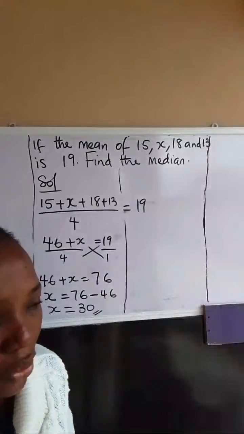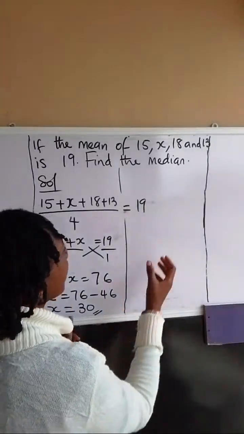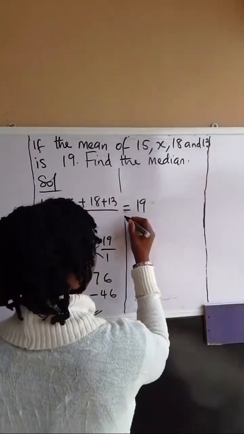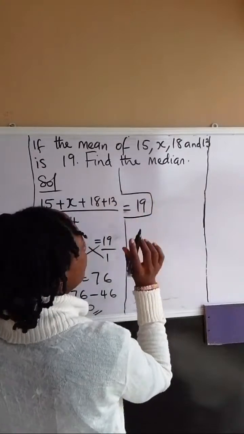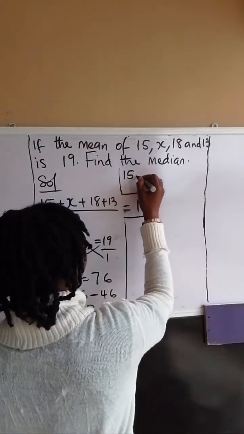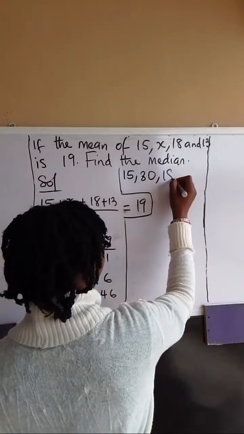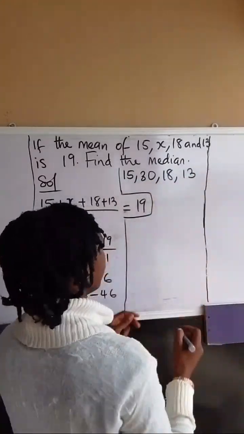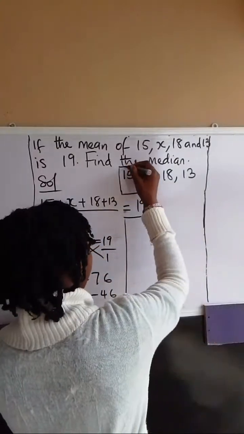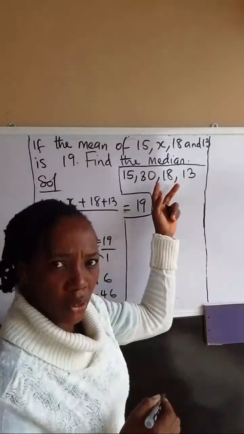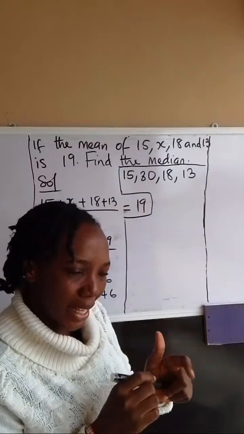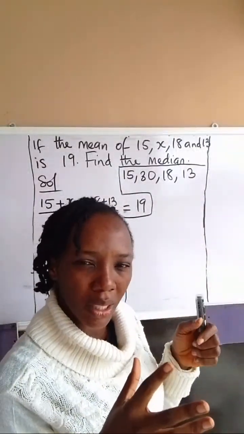Thank you so much. So the next thing we are to look for is the median. We have our variables: x is 30, as we just found out, and these are the numbers we are given. Now, median is the middle, the number in between.